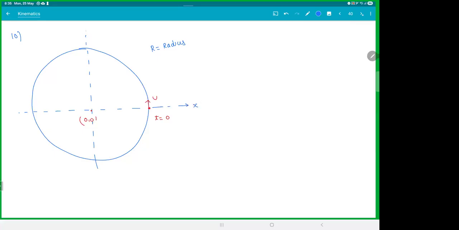This is your x-axis and this is your y-axis. So initially this particle is at r, 0. The particle is going in a circle with a constant speed u. Hope you guys remember this. We have done this in different places, like vectors, differentiation.